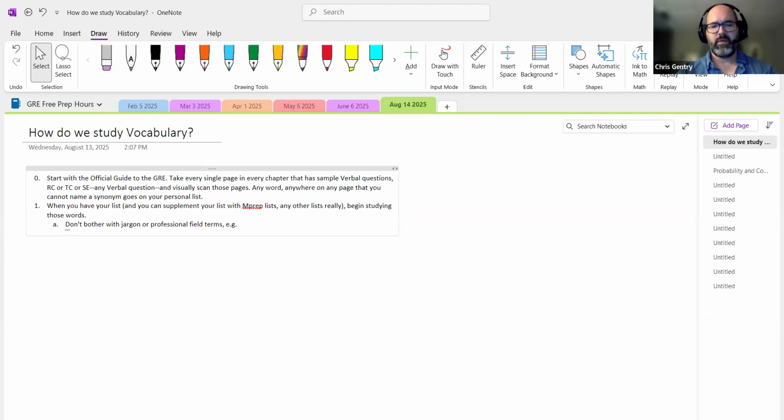For example, medical terms, anything like that. The GRE is not going to be testing you on terms that are for like a biological science thing, right? So don't worry about those types of words.